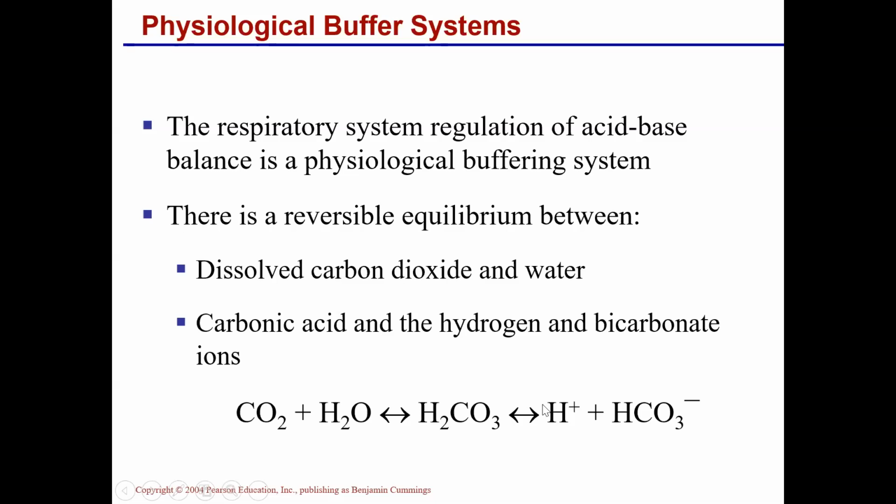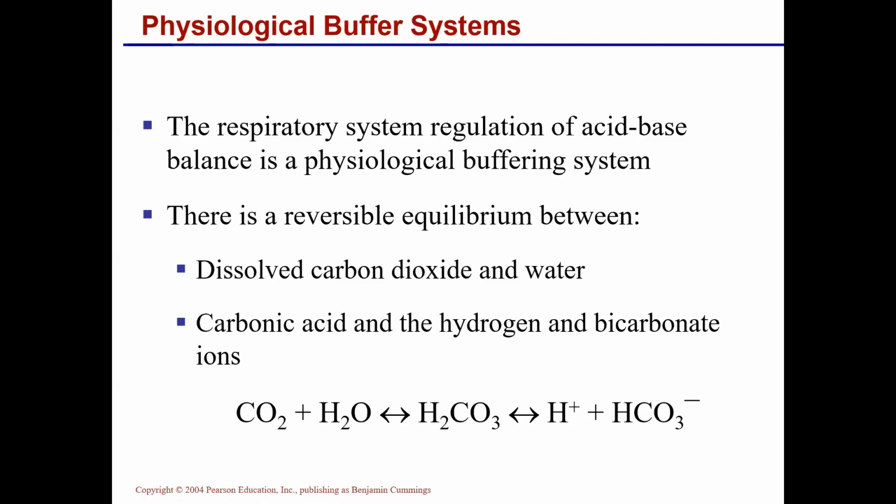Once you get out of the movie theater, the fresh air comes in with less CO2, but now you have a lot of hydrogen ions in the blood, so the reaction tends to go this way to make more CO2. Then you will probably yawn a lot more once you get out of the movie theater.